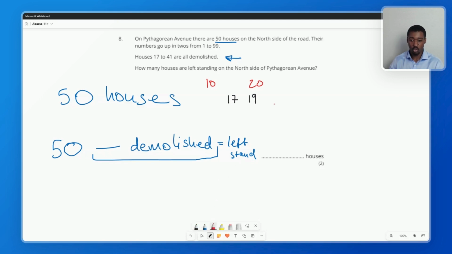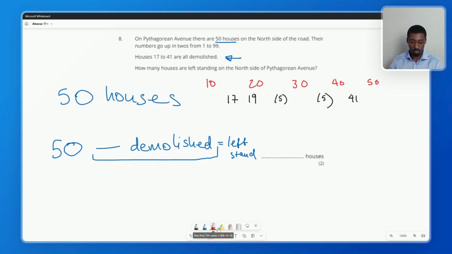Then going from the 20 to 30 bracket, we're going to have 5 houses demolished, like we worked out, there's 5 houses every 10. Then between the 30 and 40 bracket, again 5 houses demolished. And in the 40 to 50 bracket, we have house number 41 demolished.